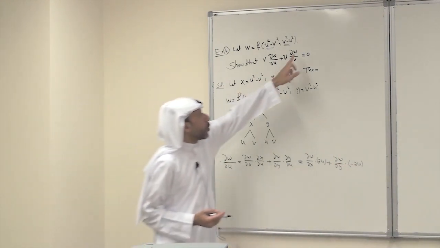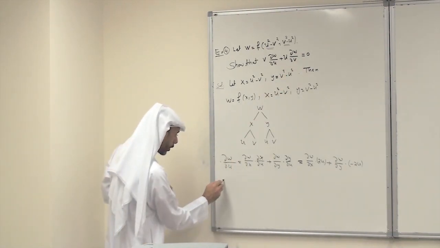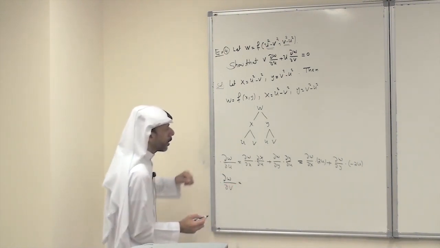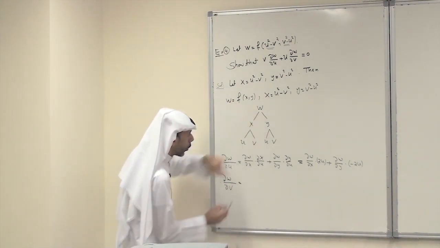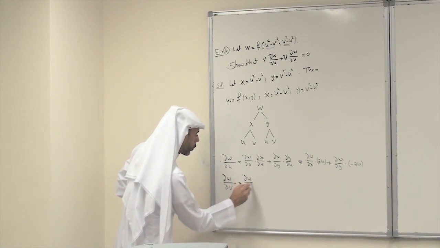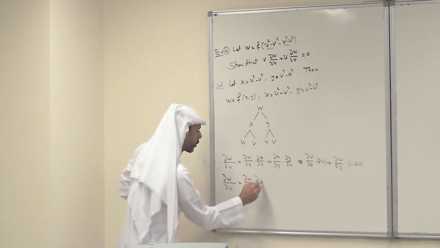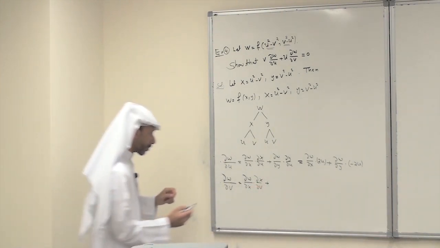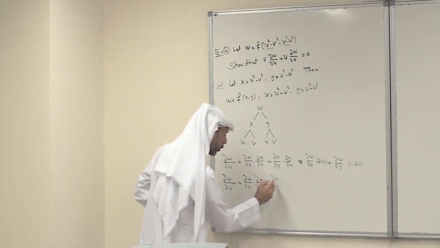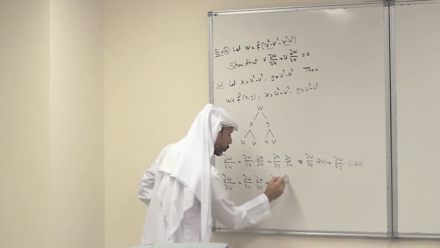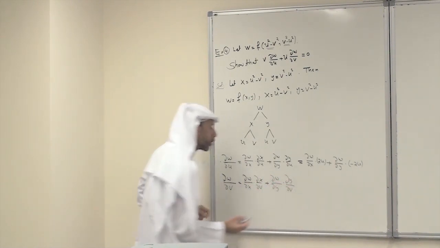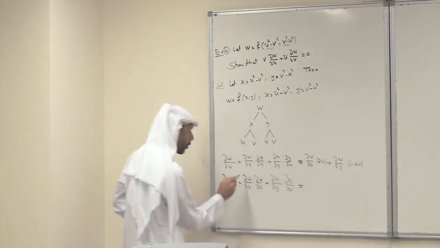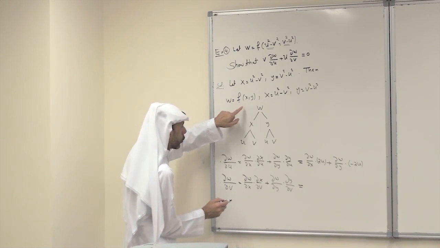We do the same thing for partial w, partial v. This is partial w, partial v equals, again, through x and through y. This is partial w, partial x, times partial x, partial v, plus, just like computing the first one, partial w, partial y, times partial y, partial v. Compute each, again, partial w, partial x.